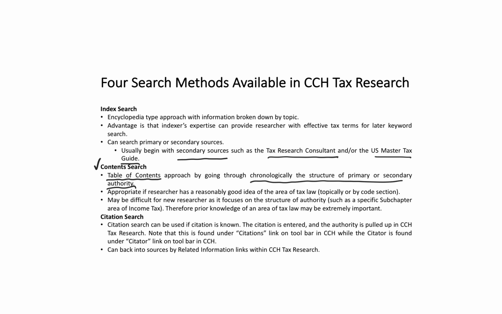Now, it's appropriate if a researcher has a reasonably good idea of the area of tax law, like, hey, I'm dealing with a partnership tax issue, so I know the 700s, code section 700, is where I need to look. That's kind of the idea. It may be difficult for a new researcher as it focuses on the structure of authority. Again, if you're dealing with partnership, that's in subchapter K of the income tax area of the Internal Revenue Code.